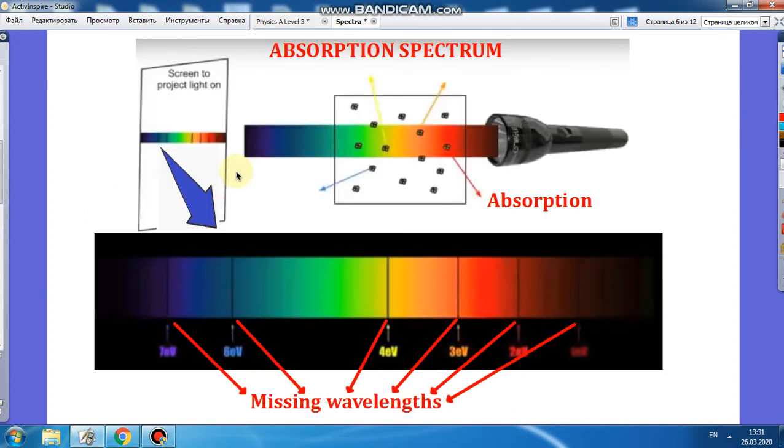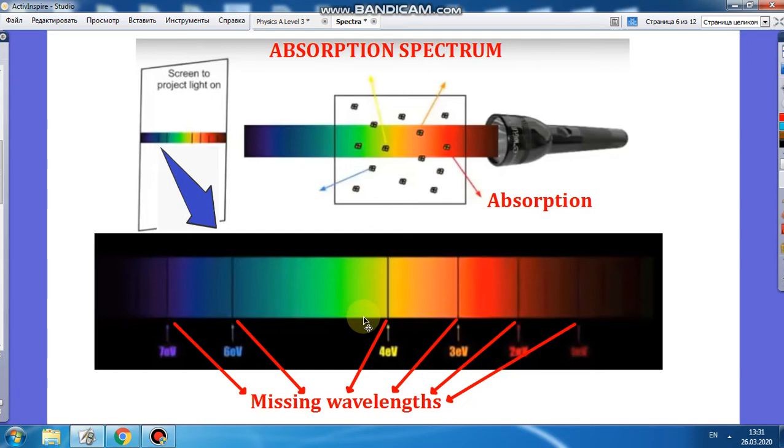Absorption spectrum. Absorption spectrum is also important in determining the kind of an atom. For example, in the container we have an unknown atom. When we shine light on this atom, we will see the spectrum on the screen like this. There are some missing colors or missing wavelengths.